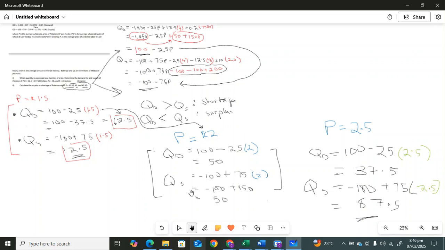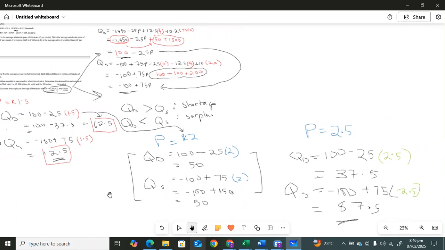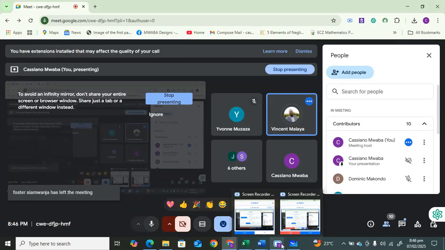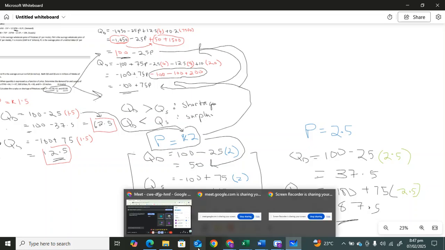Our calculations give you a price of 2. Then once you've got your price, since we already know our equilibrium price is 2 kwacha, you just substitute it into the supply function or the demand function, and you get, oh, we already got the quantity here already. It's 50. So basically, in this question, you don't even need to do the calculation. I've already got the price and the quantity.